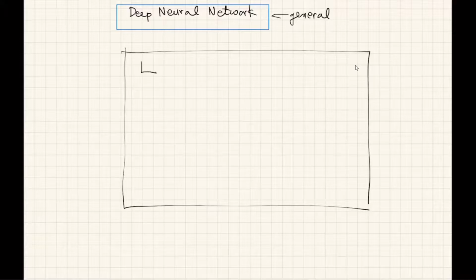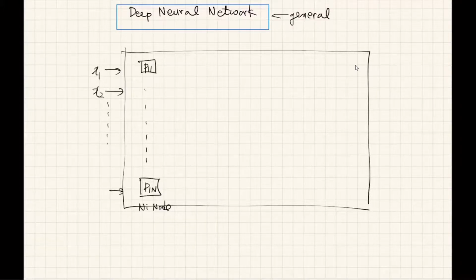Let's assume that I have P11 perceptron and we have up to P1 perceptron, and the number of nodes is n. Then we have input x1, x2, and xn. As I mentioned many times, this n could be millions or billions. So in general, this deep neural network has many perceptrons in a layer.